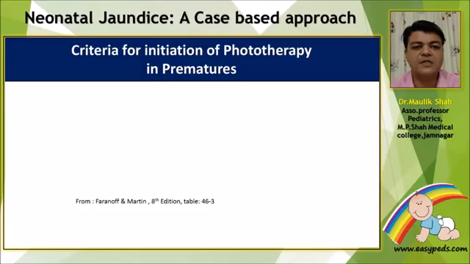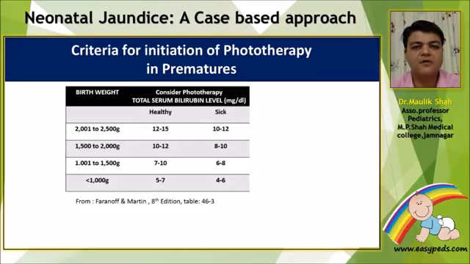Let us now see the criteria for initiation of phototherapy in premature newborns. These criteria have been adapted from the textbook of Avery and Martin. On the left hand side of the screen, there is a birth weight column and the other parts are divided into healthy and sick premature babies criteria.